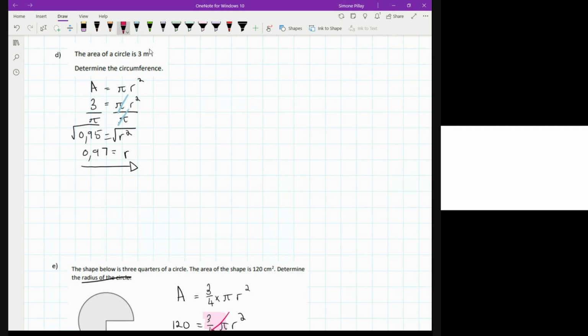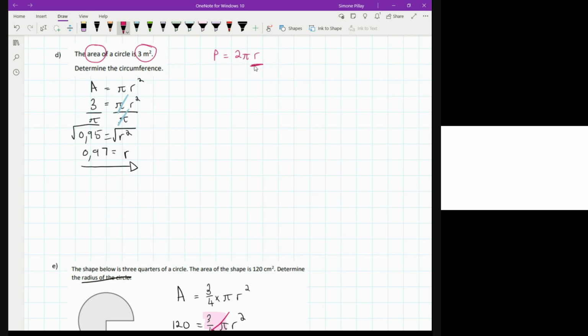So if you guys are lost, let me tell you what just happened. They've given us the area of the circle. They asked us to determine the circumference, which is essentially the perimeter. But in order for us to calculate the perimeter or the circumference, we need to know the radius, because remember the formula for the circumference of a circle is 2 pi r.